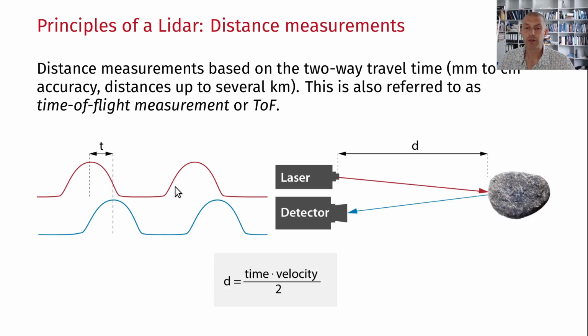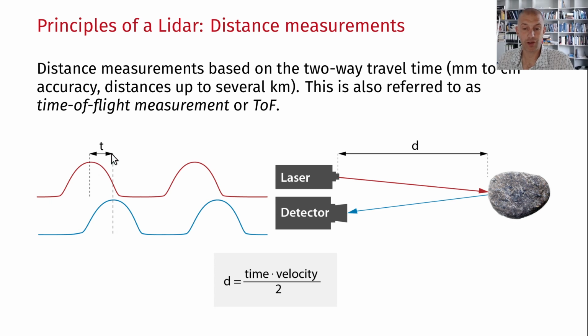The basic principle of LiDAR is that you are measuring distances through a very, very precise time. So you can envision that you are sending off a pulse, a laser pulse that hits an object, gets reflected, and the detector records the timing of that returned wavelength.